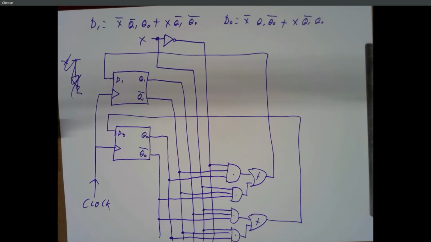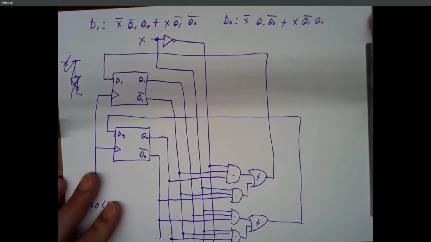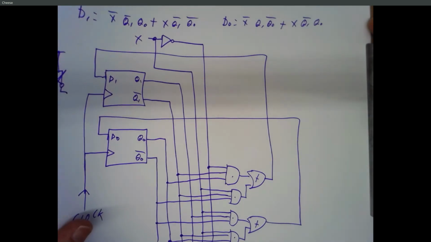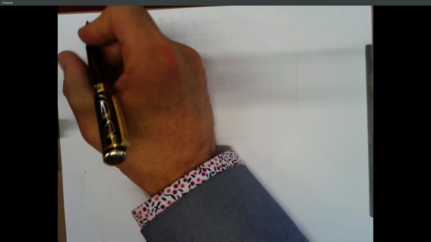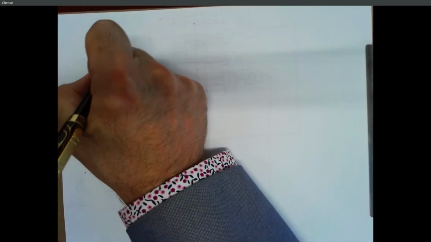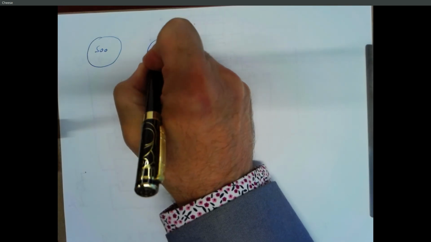All right, let's do one more. Let's use some different flip-flops. And then we'll take a break, and then you can work on these on the board. So let's see. And I'm going to call my states something more traditional here.